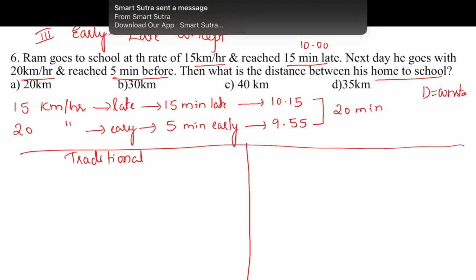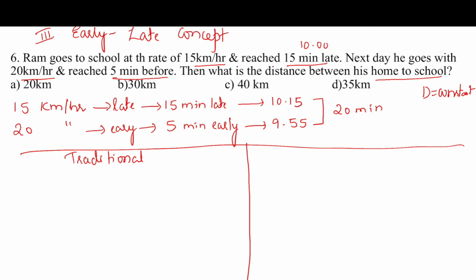So when distance is constant, time taken to go from home to school minus time taken for the other trip is equal to the difference in time.